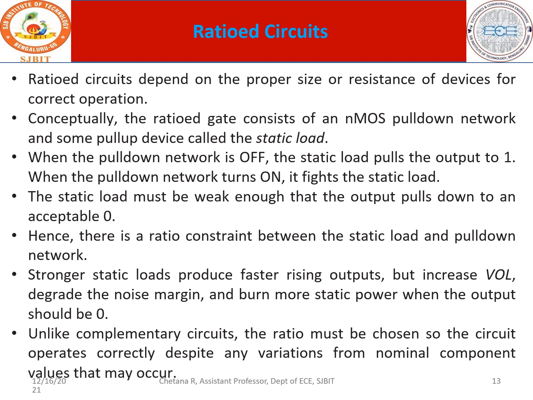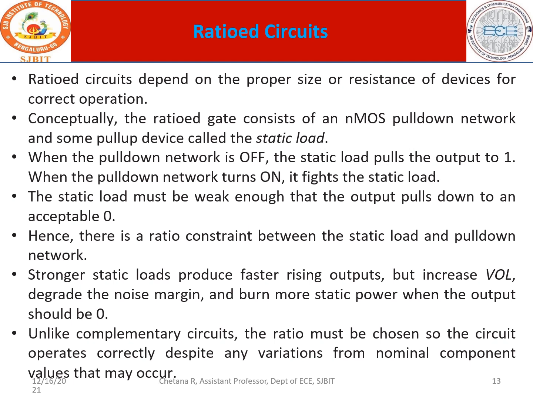However, when the pull down network turns on, it fights the static load. When the pull down network is on, there is a path for the load and it tries to go to the lower potential. So the static load must be weak enough that the output pulls down to an acceptable 0.